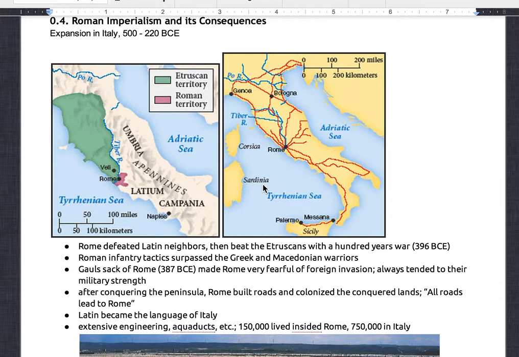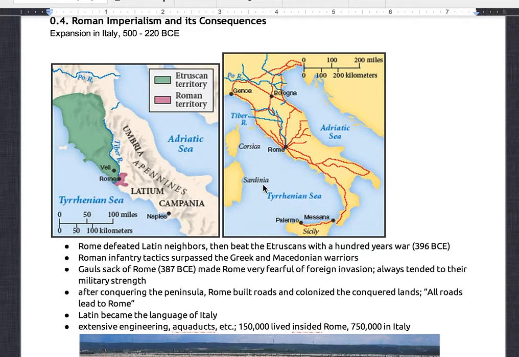The other thing we want to remember is how the Roman conquest, its methods and its outcomes, evolve through this period. In other words, how they go from being somewhat of a power that seeks to conquer territory and develop relationships with neighboring states, to one that is interested in pure conquest and domination, utter military strength, and total subjugation of conquered territories.